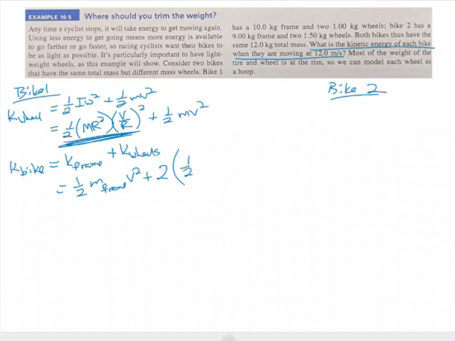So we just have the mass. I don't want to get confused with the mass of the frame, so this is the mass of the wheel times the velocity squared, then plus 1/2 the mass of the wheel times velocity squared.